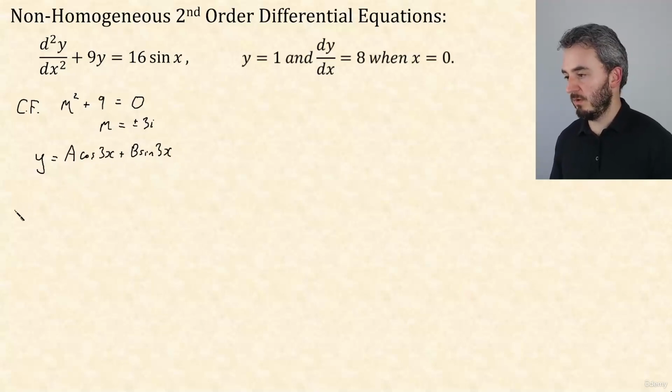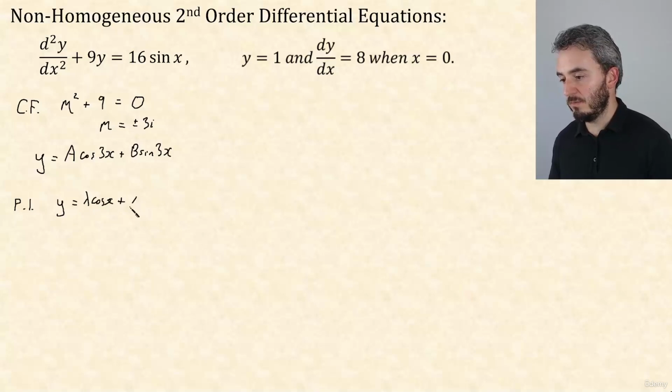Now we're finding the particular integral. The form of the particular integral, since we've got trig here, we need some sines and some cosines. They both need x here because that's x. Forget about the 3x here, that's separate. So the form of my particular integral is going to be lambda cos x plus mu sine x.